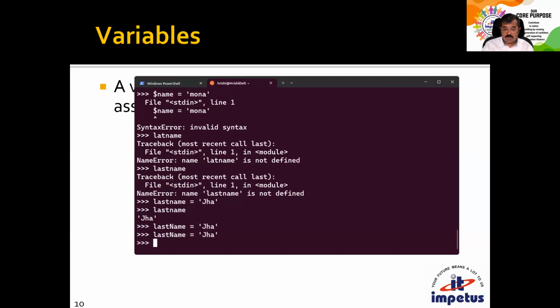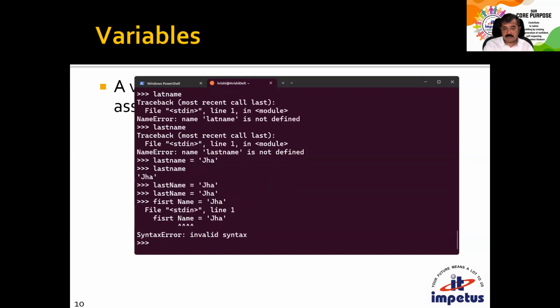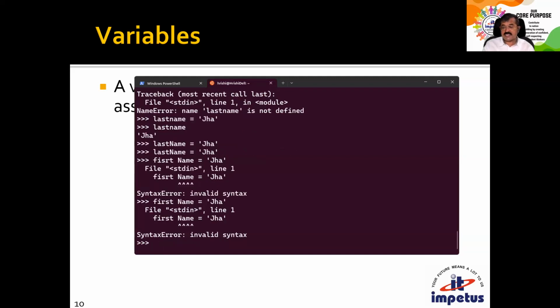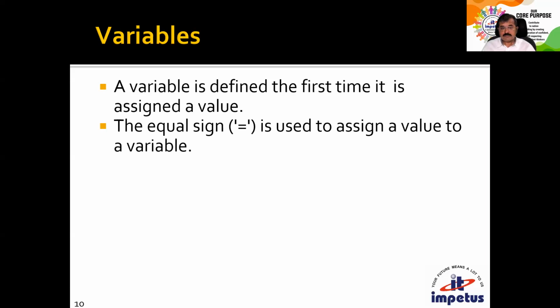But what I cannot do, I cannot add a space. Last name के जैसे मैंने कहा first name, space name. No, that's not allowed. And not because my spelling is wrong. Even if I correct the spelling, it's still not allowed. Embedded spaces are not allowed. So variable names cannot have spaces.